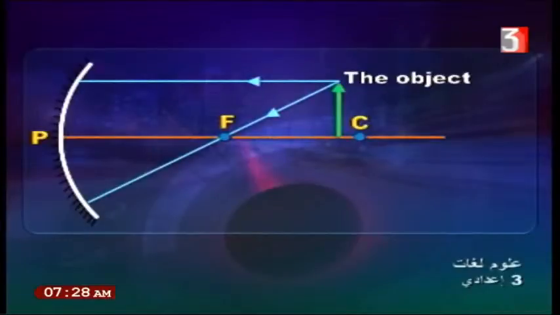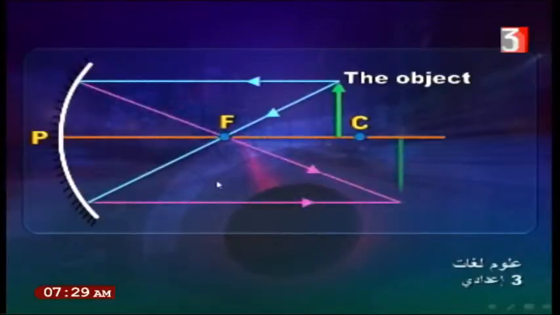The first is parallel to the principal axis, and the second is passing through the focus. The reflected light rays will form an image at a distance greater than the center of curvature.